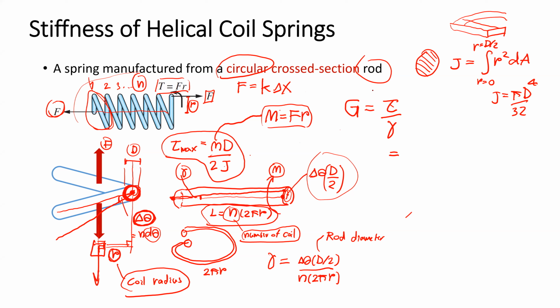So from this, the shear modulus is equal to tau, which is M d per 2J. M, or the moment, is the force multiplied by the radius of the coil. D is the diameter of the rod.